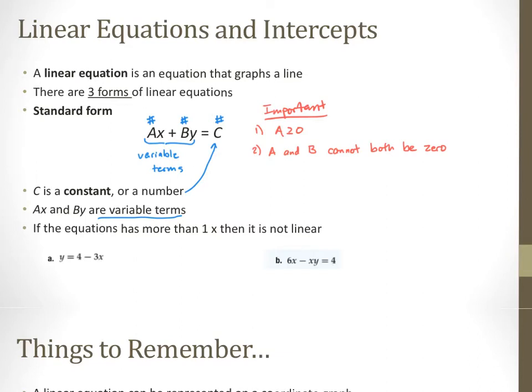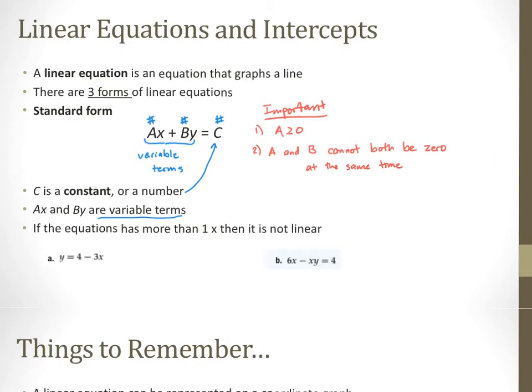Honestly, you could put in here as well at the same time. Okay, because as the first step says, A is allowed to be 0. But if A is 0, B can't be 0. And if B is 0, A can't be 0. So they can each be 0, they just can't both be 0 at the same time in the equation.